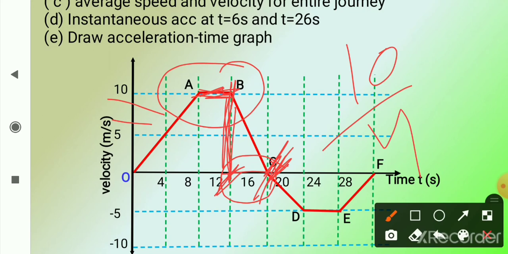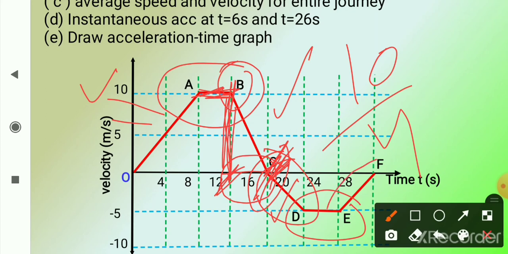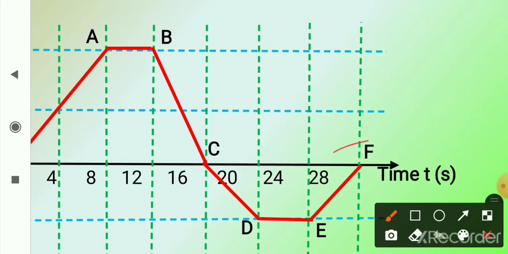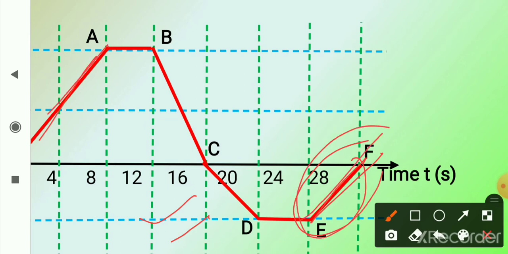But the only thing is that this is a negative slope, because the final velocity is 0, and the initial velocity is plus 10. Similarly, we can find the slope of this one. This is also a negative slope. Slope of this part is 0 and slope of this part is positive. You see? This part is on the negative side of velocity, but its slope is positive. It is parallel to this one. And so acceleration for this part will be positive.